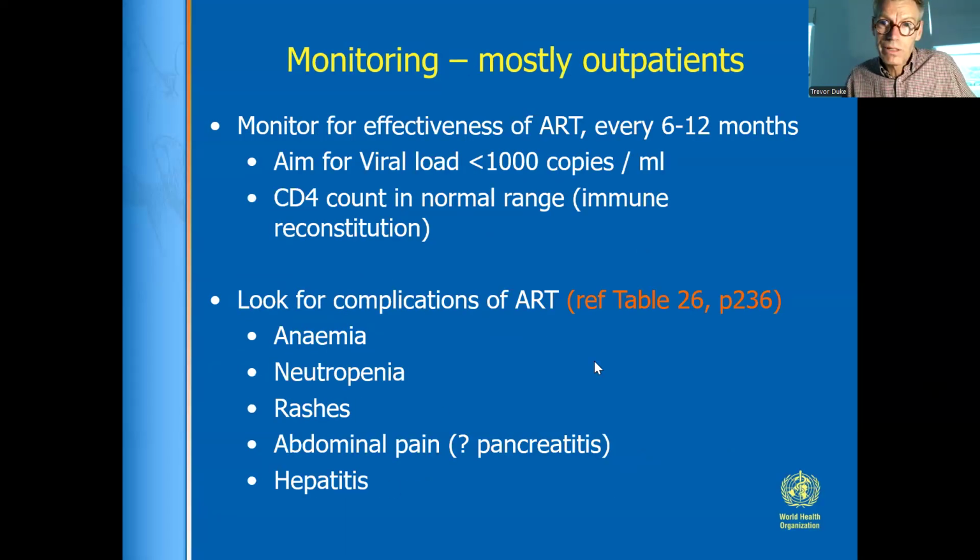Monitoring is important for children with HIV, and a lot of it occurs in an outpatient setting, doesn't it? So we need to monitor for antiretroviral therapy. We monitor the effectiveness of antiretroviral therapy, and as I said in the past, we used to do CD4 counting, and you'd aim for a CD4 count within the normal range. That confirms that the child's got immune reconstitution, that their immune system is now healthy if the CD4 count's in the normal range.